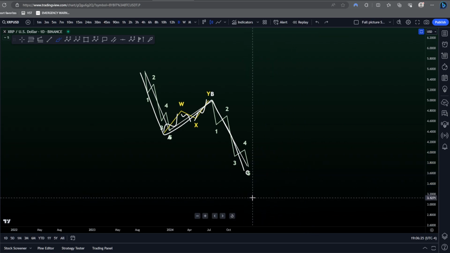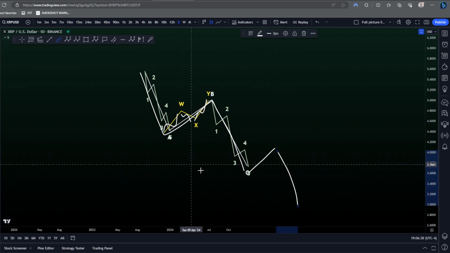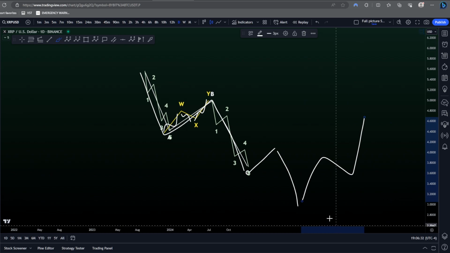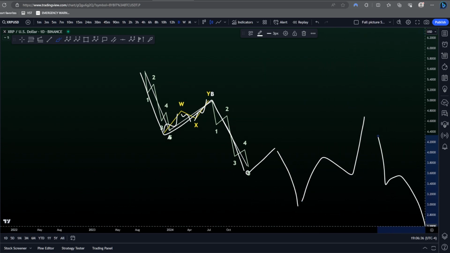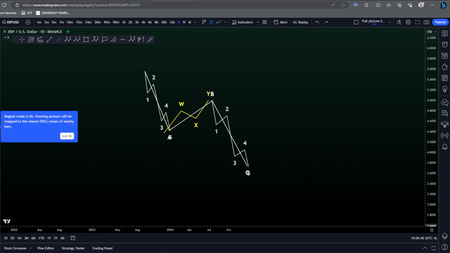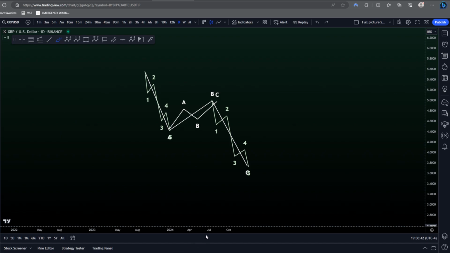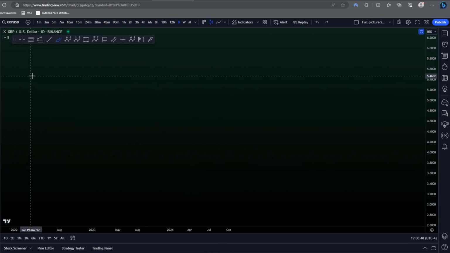If this was to impulse, you would say, okay, that's the start of something. You would expect a correction and then more downside, right? Corrections can get complicated. Don't get overwhelmed by them. When you really break it down, they're easy to distinguish and identify.